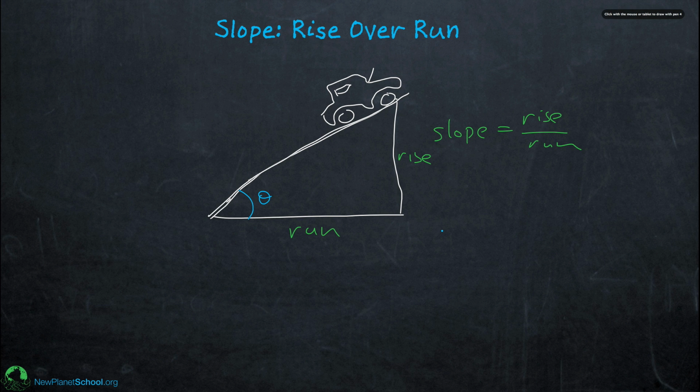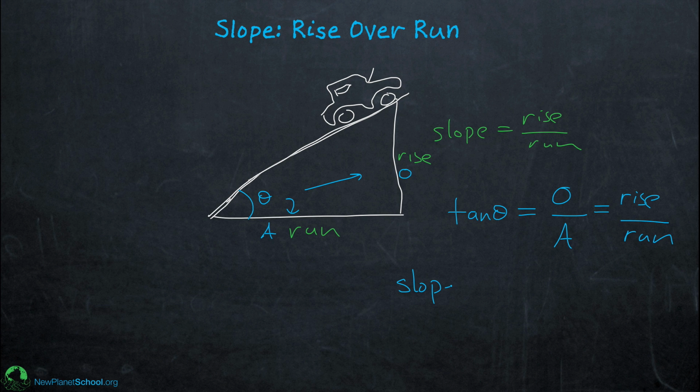So now what we can do is we also know that tangent of theta is equal to, what is it? The opposite over the adjacent. Opposite over adjacent. That's the TOA part of SOHCAHTOA. And of course the rise is just the length of that side, and the adjacent is the run, and therefore we see that the slope is equal to tangent theta.